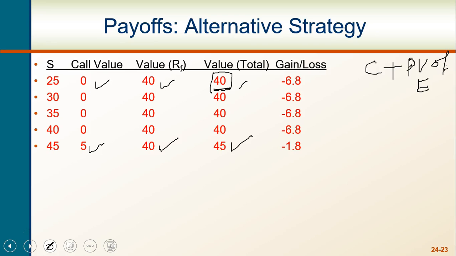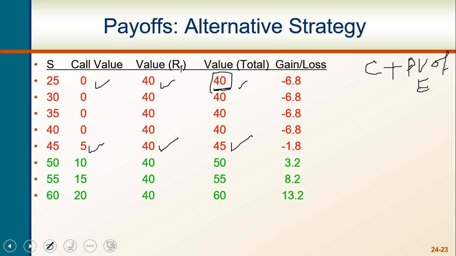It shrinks to $1.80 because 45 minus 46.8 would give you minus 1.8. And then if the stock price goes up to $50, you see that we are in a gaining position of $3.20. At $55 stock price, we are gaining $8.20. At $60, we are gaining $13.20.